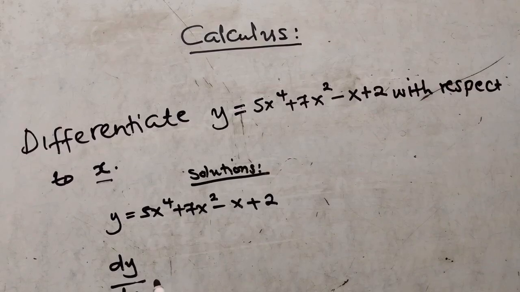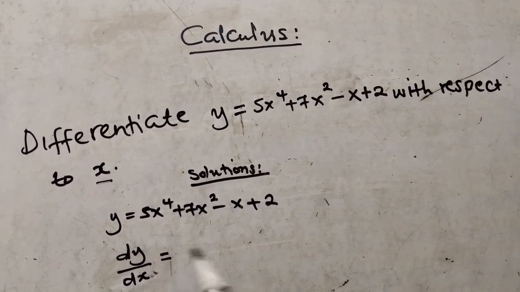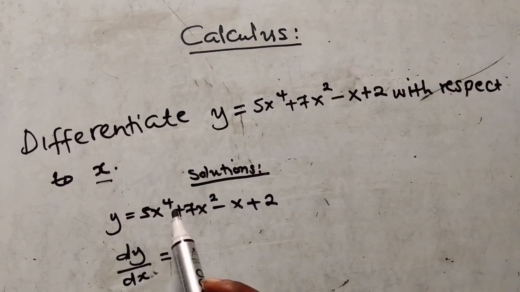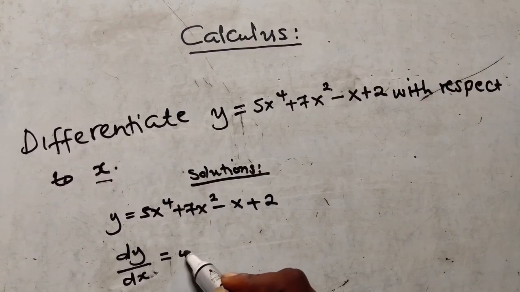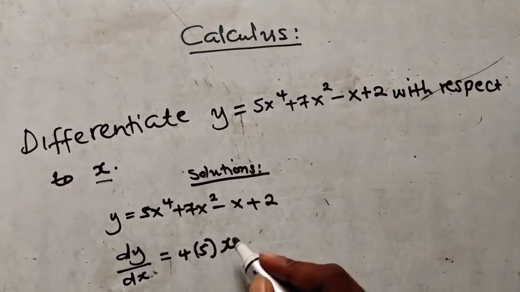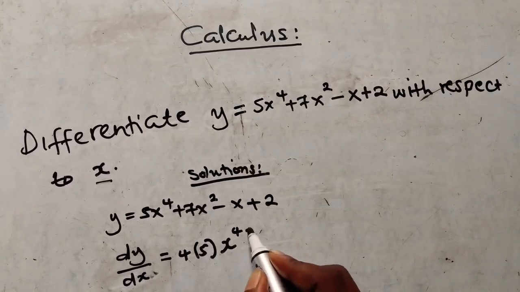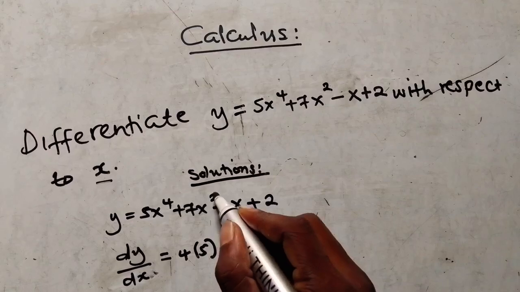dx is equal to, okay, why do we write dy dx? We write dy dx to show that we are differentiating. As I already said in my introduction, we're going to drop this 4 down here. We're going to have 4 multiplied by 5, then x, then 4 minus 1, then plus, again we are going to drop this 2.